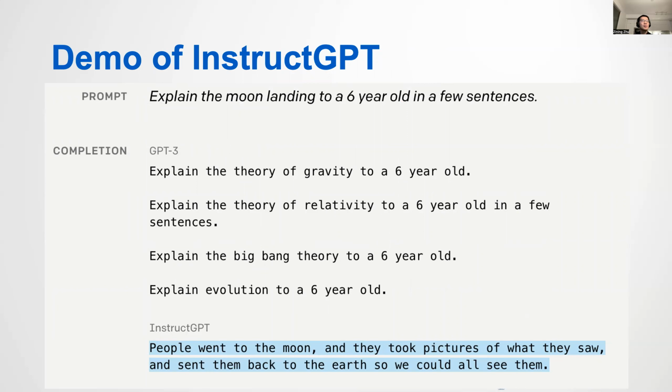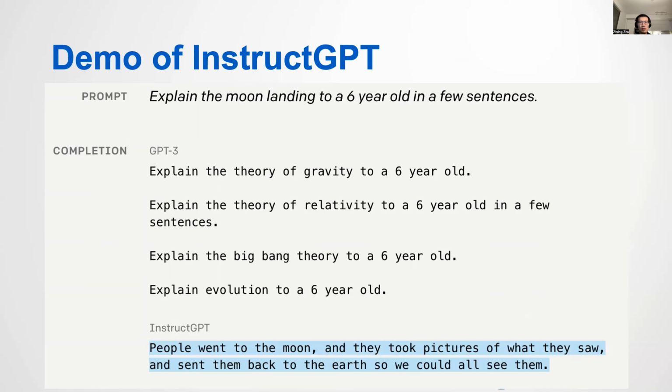Here's the generation by GPT-3. It is able to imitate the format, explain something to a 6-year-old, and it actually fills in several examples out there. But InstructGPT really understands the meaning of explain.